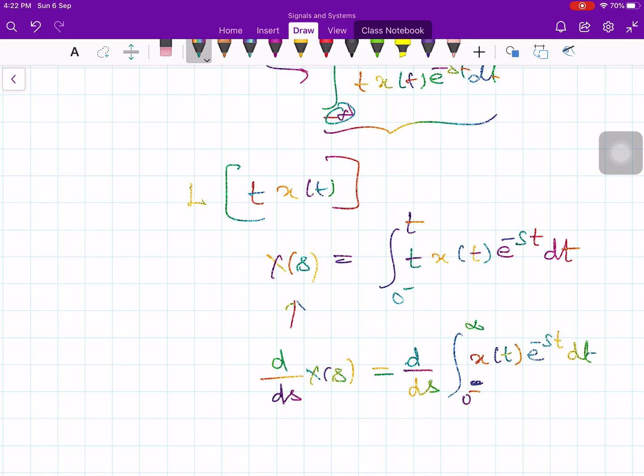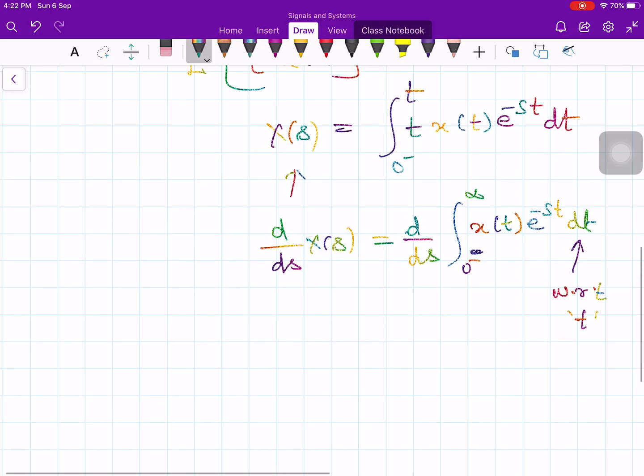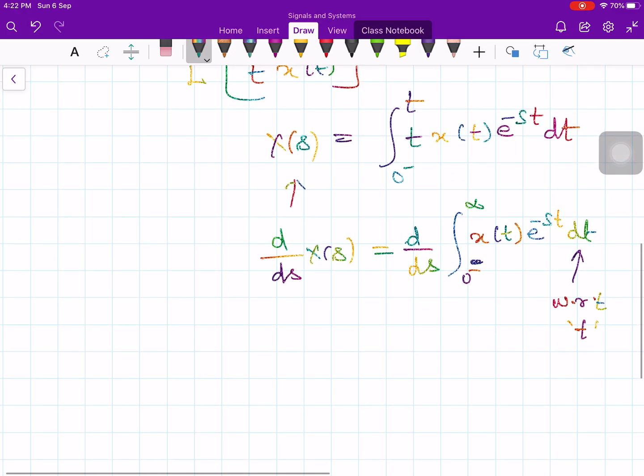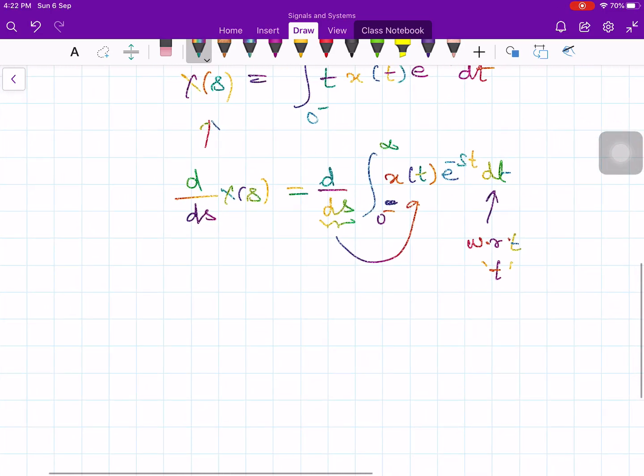So the integration is with reference to t, and we are taking the derivative with reference to another variable s. So we can introduce this differentiation inside the integration sign. Therefore this is equal to the integral from 0 minus to infinity of x of t times d by ds of e to the minus st dt.